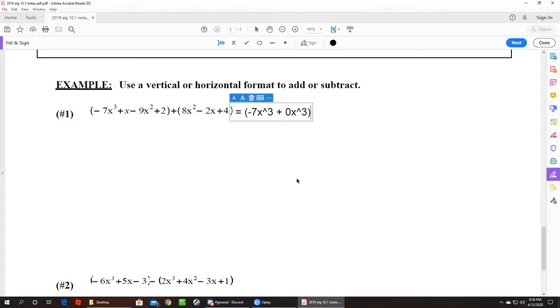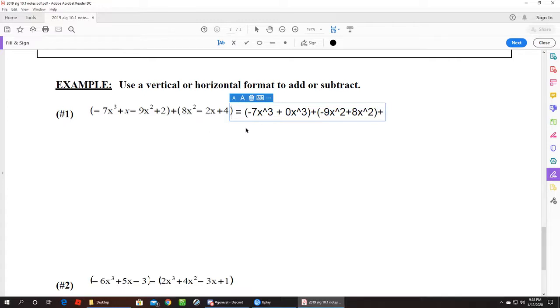Okay, what's the next highest degree? Plus, well, we had the negative 9, I just said, just so we can have everything written down, right? Show your work, that's what we always say. So I'm going to show my work. Plus the 8x squared. Okay.